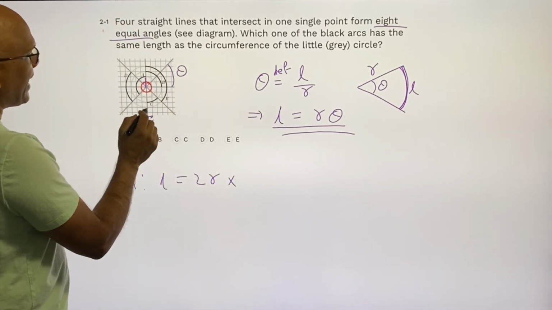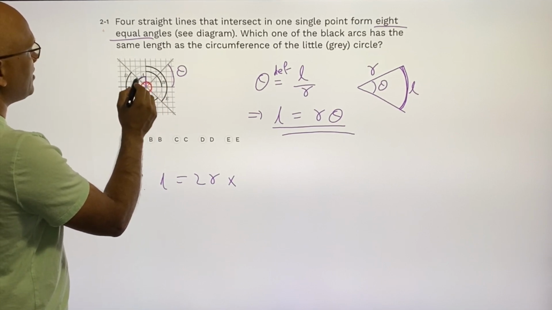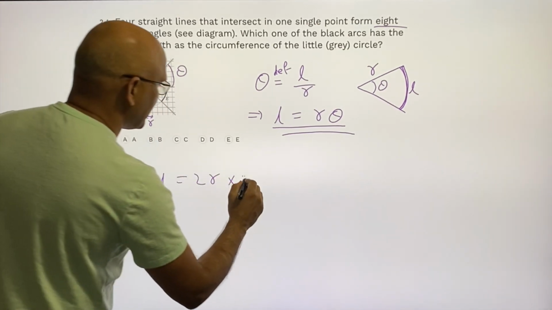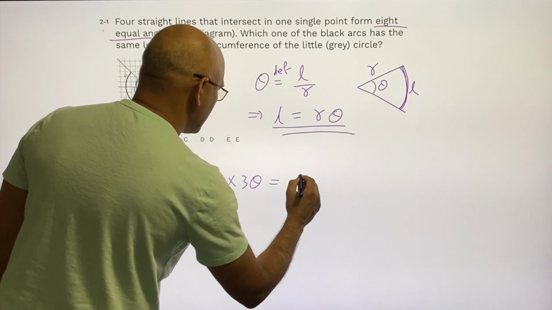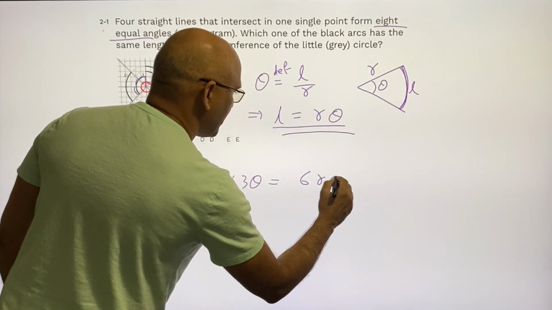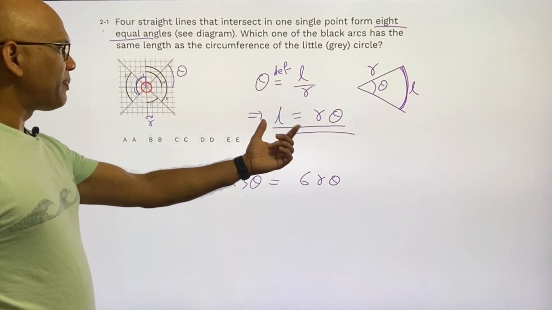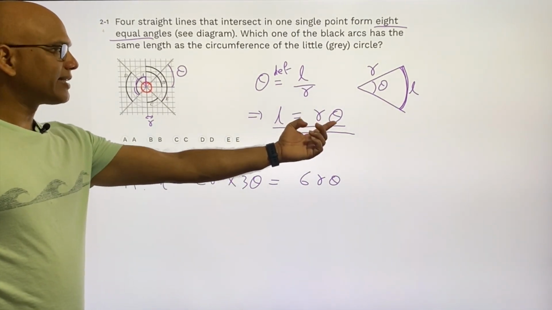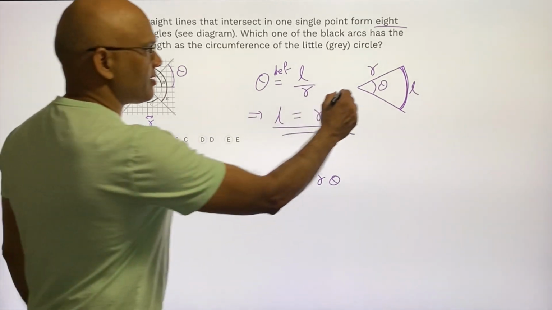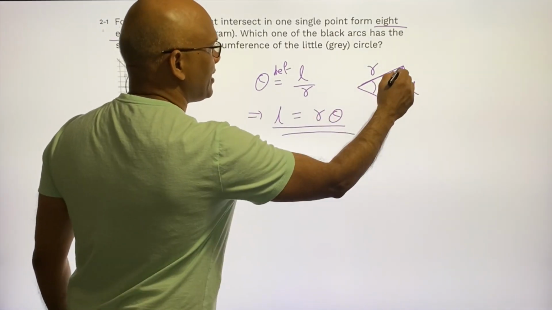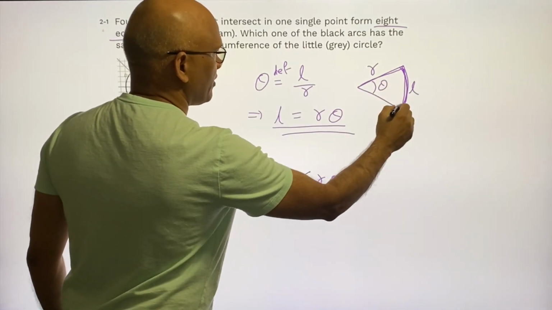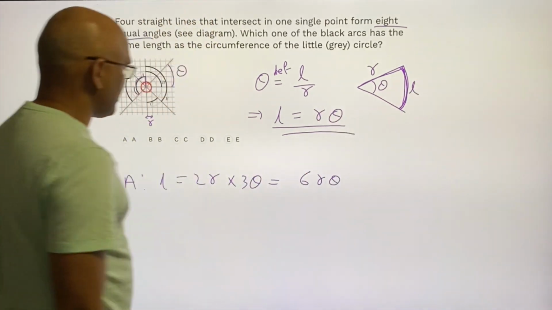All 8 angles are the same, so this is 1, 2 and 3 theta. So this is 6R theta. Again, all that I am doing is applying this equation: L is equal to R times theta, where R is the radius and theta is the angle. Then L is given by this formula.